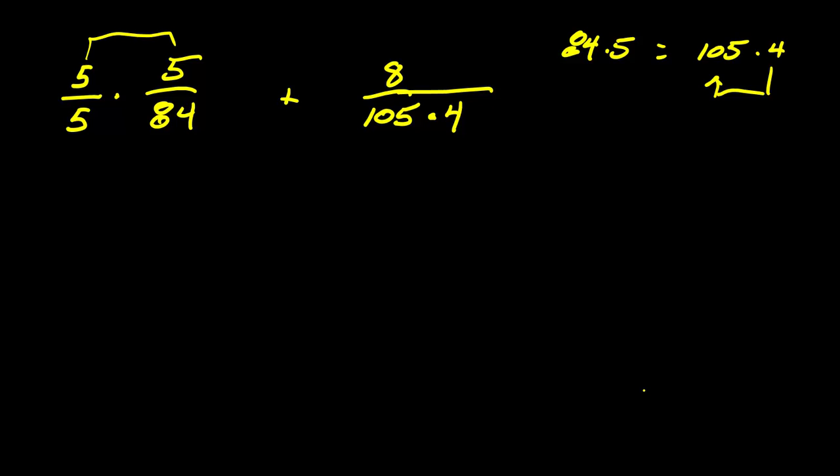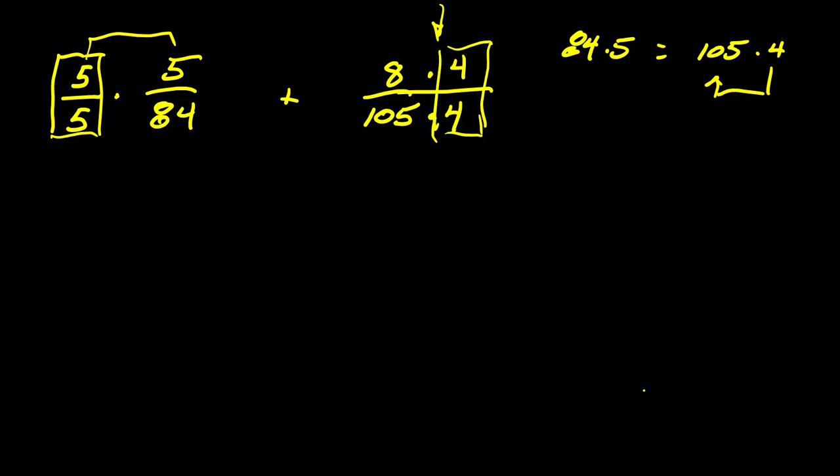And over here, I multiplied the denominator by 4. I'm going to multiply the numerator by 4. You'll recognize that 5 divided by 5 is 1. 4 divided by 4 is 1. So all we've done is multiply each of these fractions by 1. That's going to change the way they look, but it's not going to change the value.